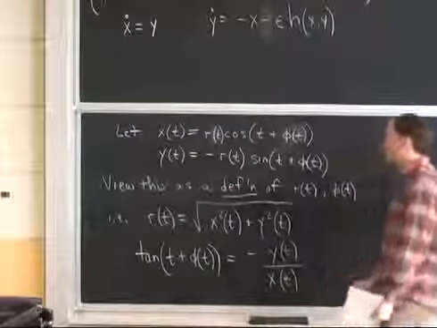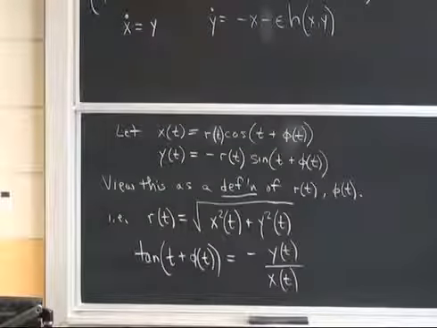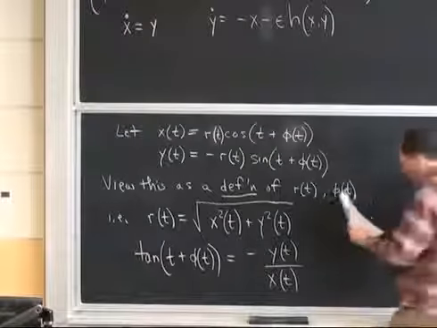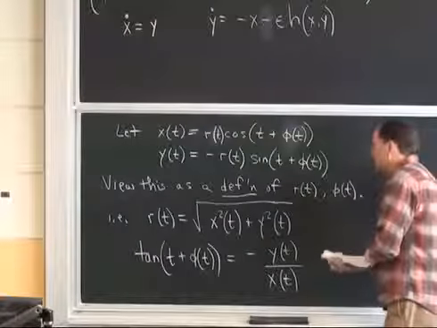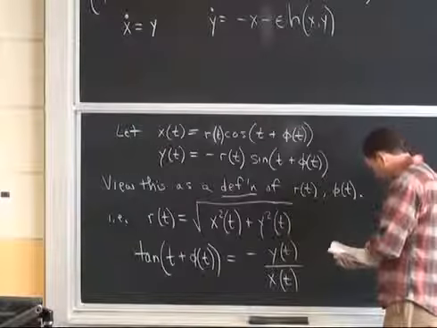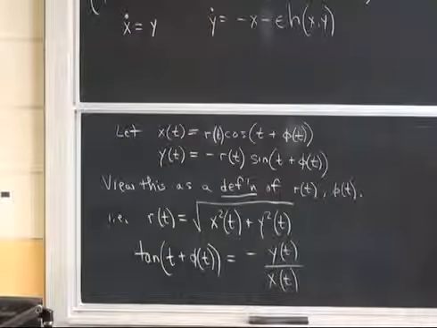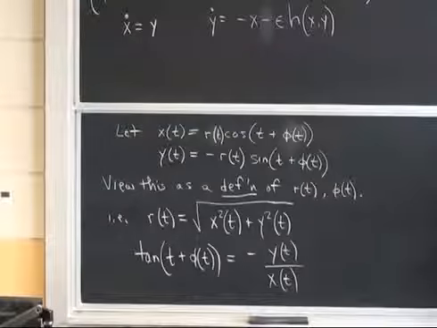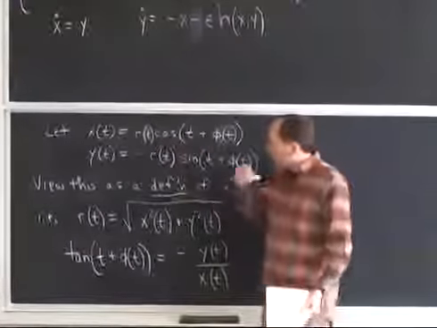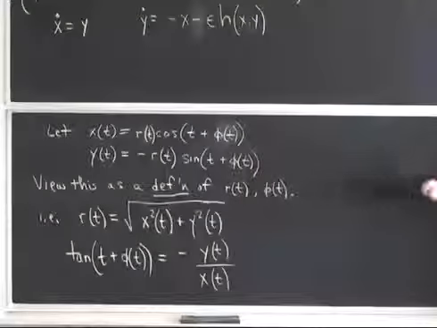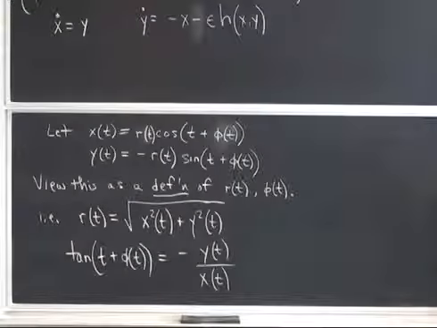Okay, so are you with me so far? That's an allowed definition of these quantities, r and phi. Fine, so then let's allow that and do it. And now what good does it do for us? Maybe before I say that, you want to think about it physically for a second. This is like going into a rotating frame where you're moving with the trajectories of the epsilon equals 0 system.